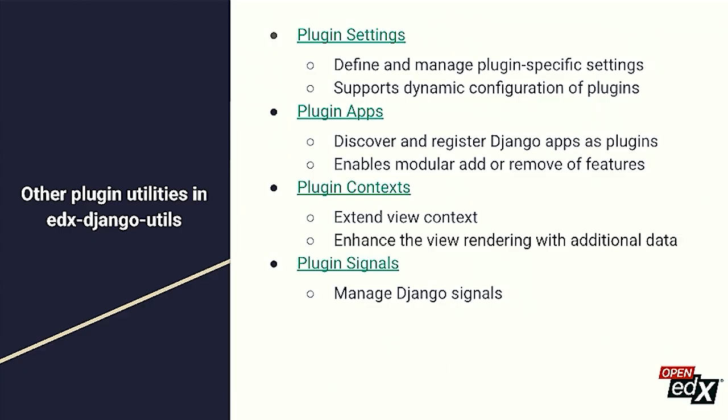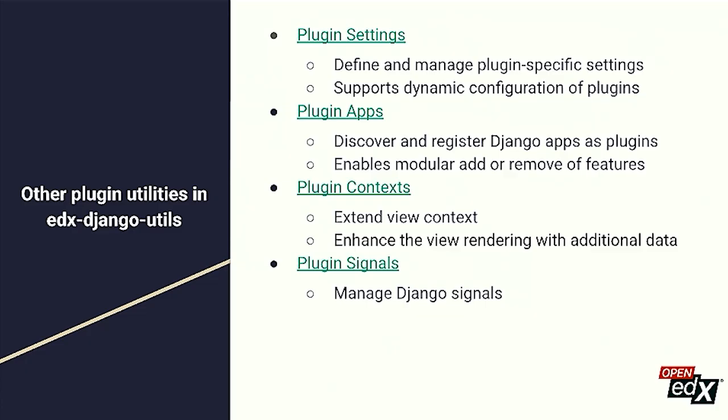About the plugin context, it's mostly on the view side and the template side. It enables you to extend the view context with some additional data. You can easily enhance your views by passing the business specific data for your own needs via the pluggability.